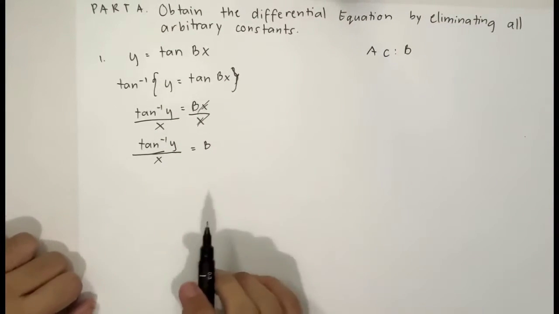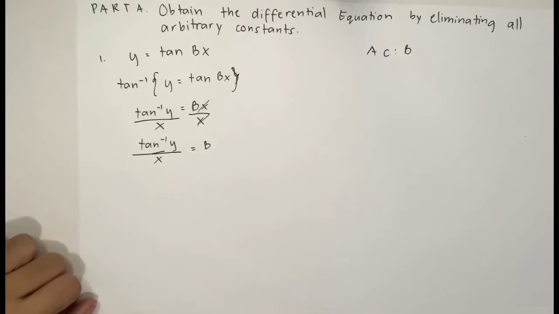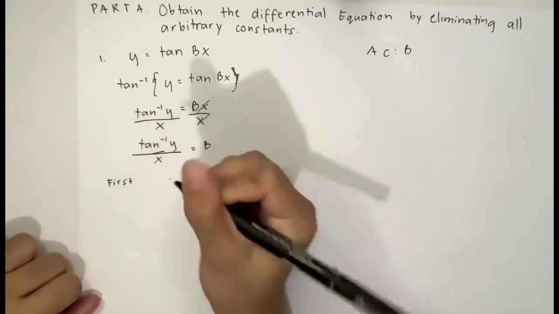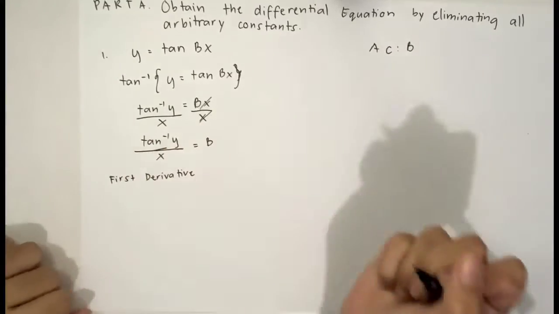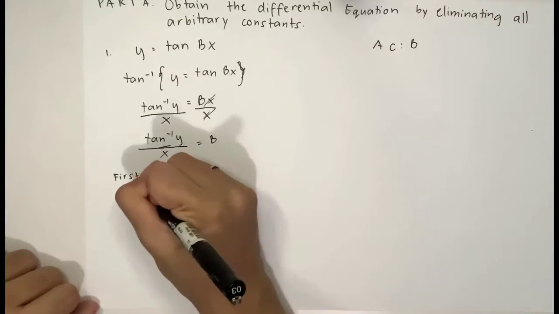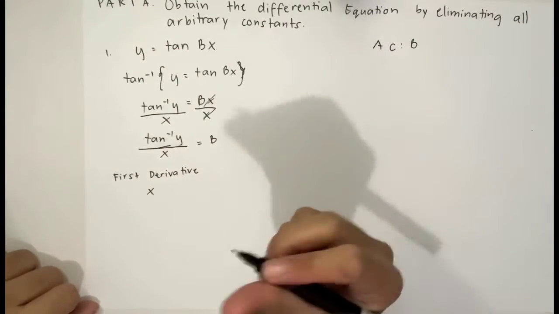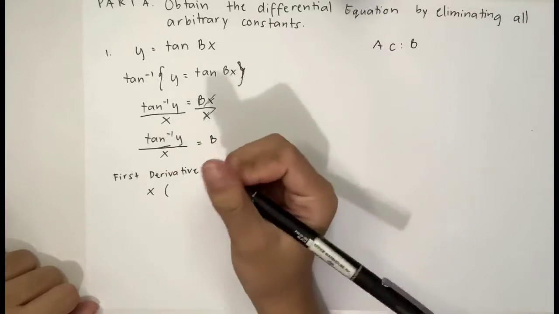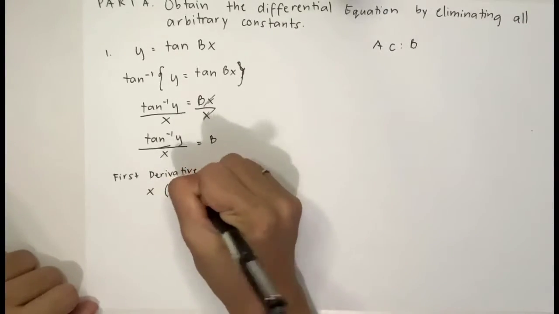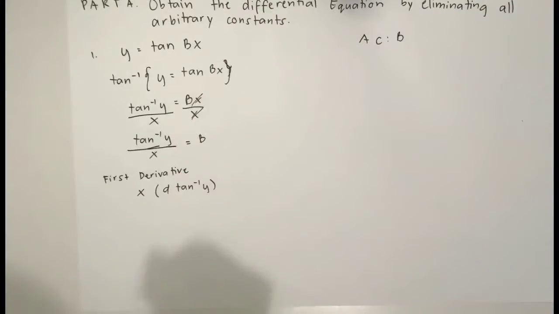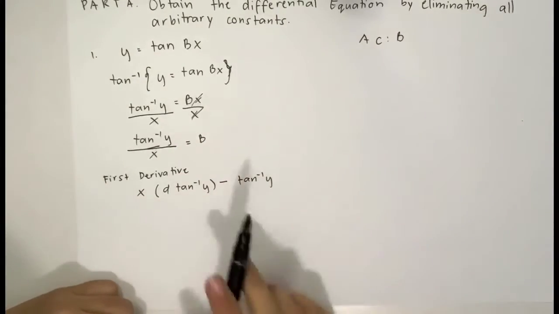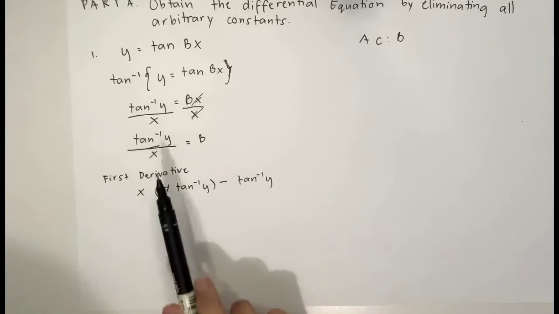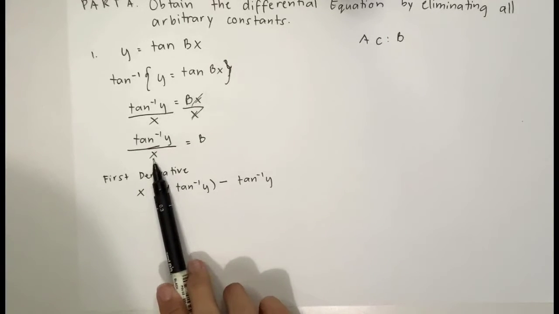And after that, we will get the first derivative. We will proceed to getting the first derivative of the function. Denominator multiplied by the derivative of numerator minus numerator times the derivative of the denominator, which is 1.